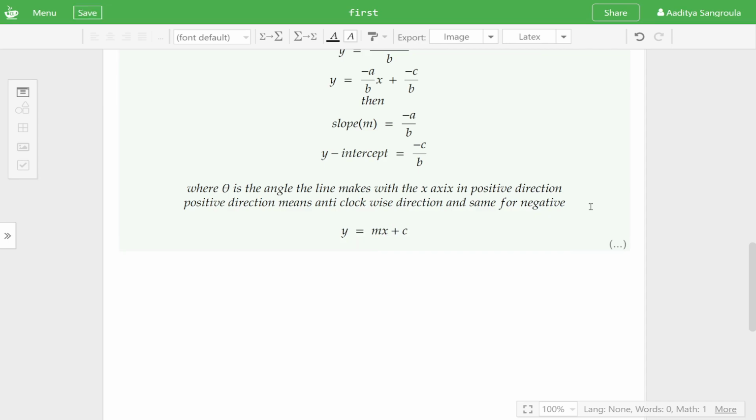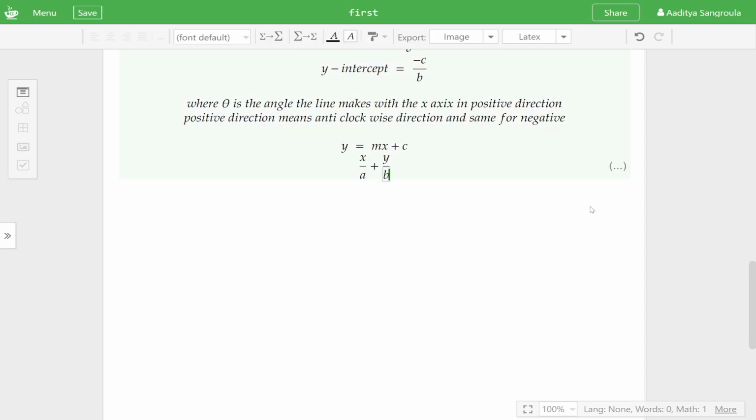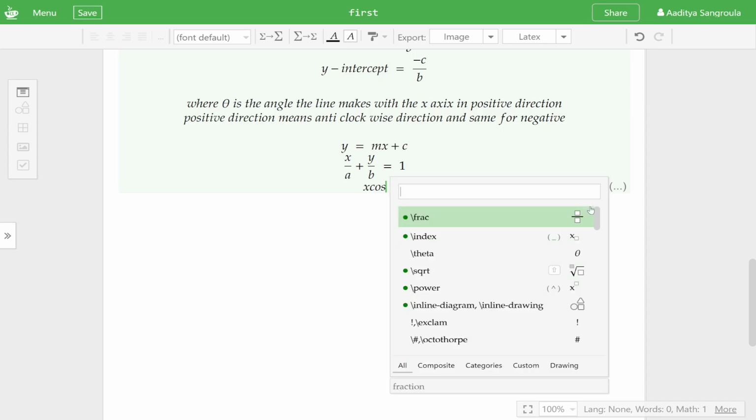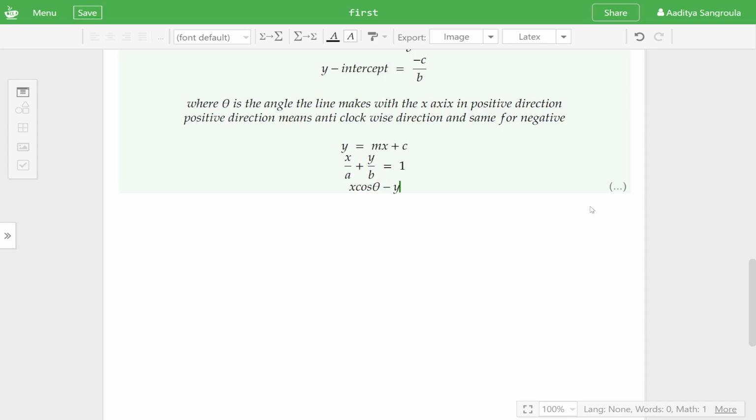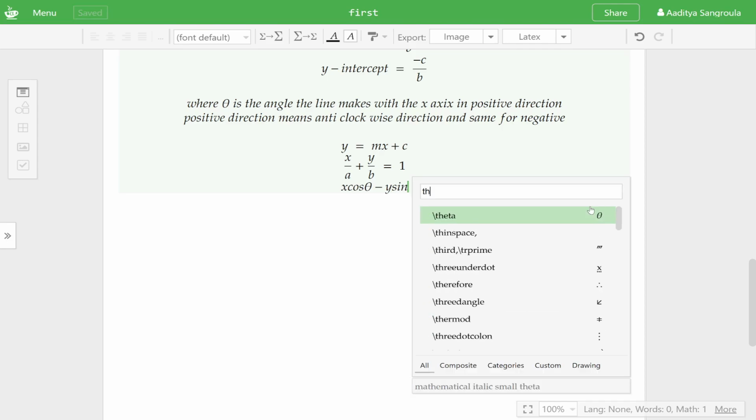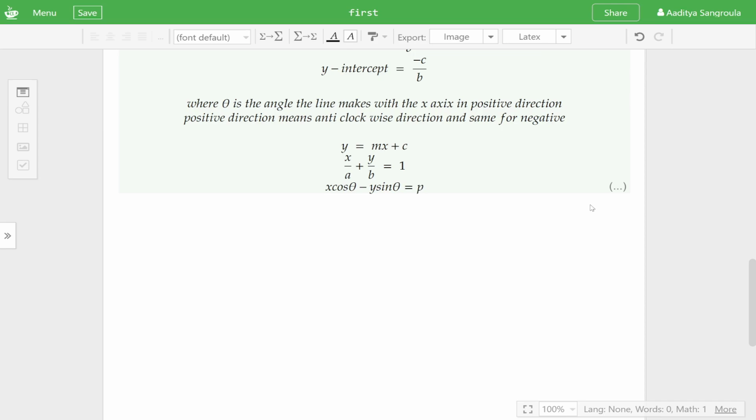Another is x over a plus y over b equal to 1, and x cos theta minus y sine theta is the perpendicular distance.